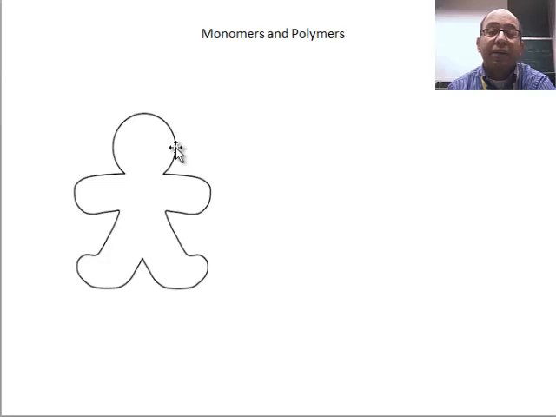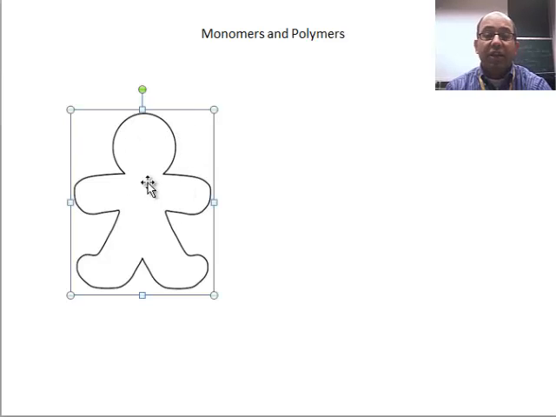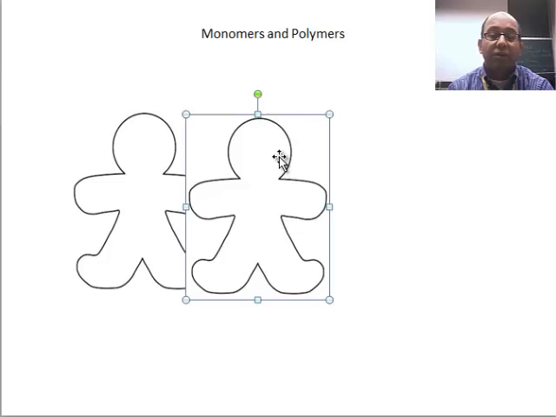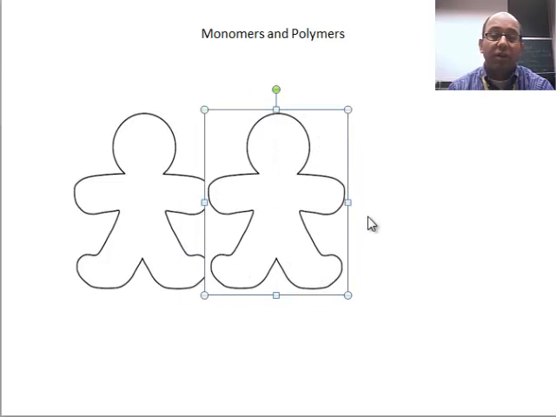Poly means many. So here's this little outline of a little cutout man, right? And I'm sure you've done this in elementary school, where you chain them together. If you take these and chain them together, you notice in the example where you now have two, this is called a dimer.